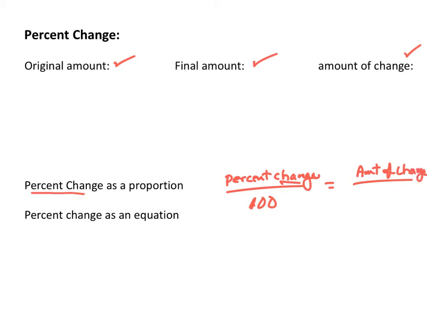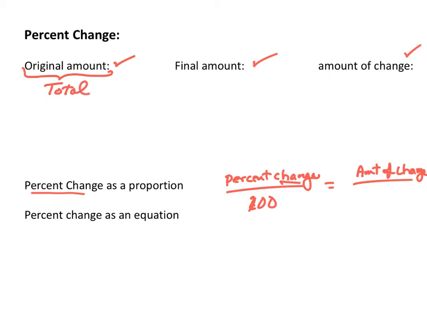And then we don't really have a total here because remember, in our other percent proportion, we had percent over 100 equals a part over the total. Because we're going to have 2 things that may be considered the total. But the original amount is what we're going to use, commonly accepted all the time. The original amount is the original total.